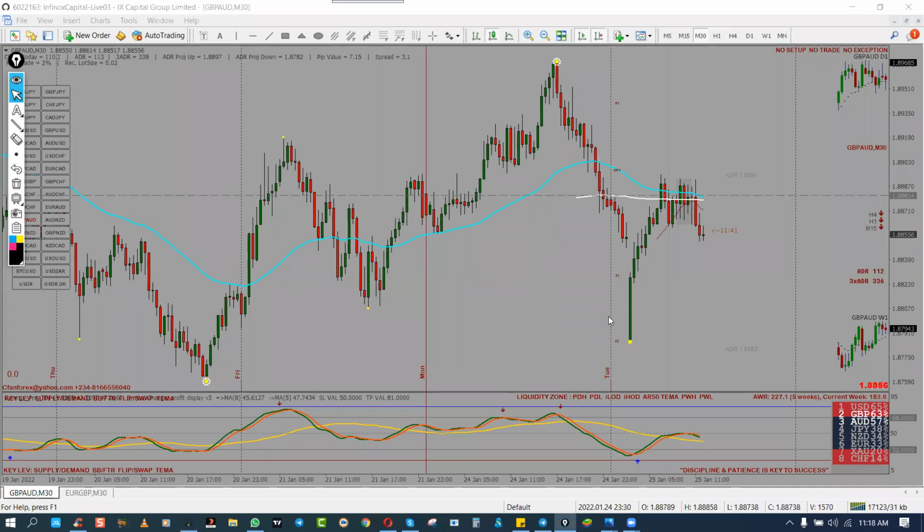So this is GA on the intraday perspective. Immediately I open this chart, I look at my 50 MA, which is the aqua line, and the 200 EMA, which is the white line here, and then my 13 EMA, which is the trigger MA here. So what do I want to do?